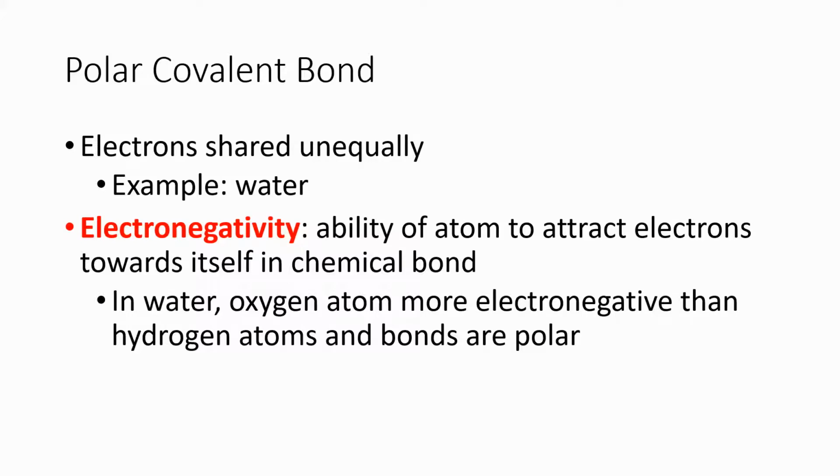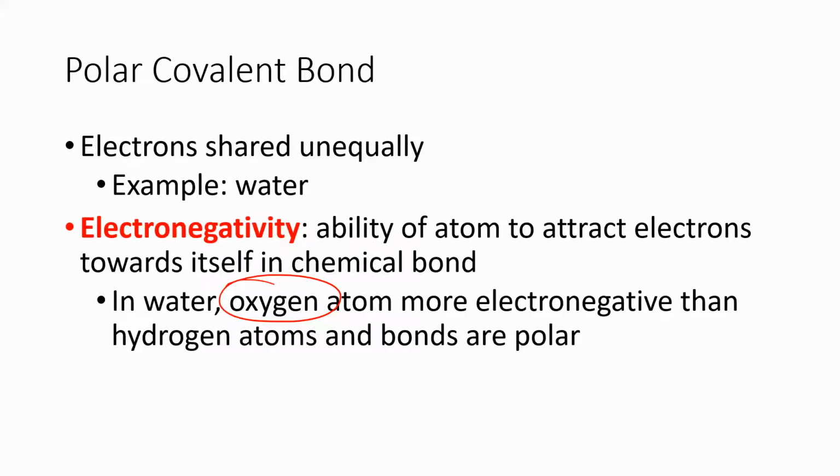So this was a subject of a bell ringer. Electronegativity is a property of an atom, and it refers to how strongly it attracts electrons. One of the more electronegative atoms that we're going to talk about is oxygen. Oxygen is highly electronegative. That means that it is going to keep the electrons in its outer shell.